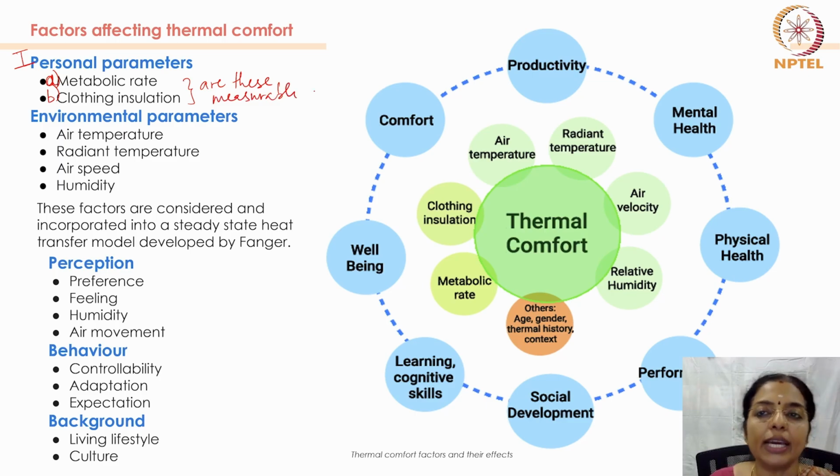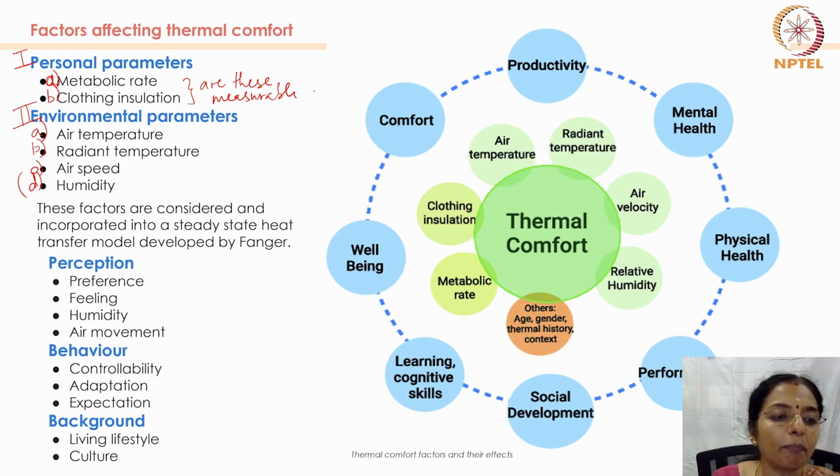Then you have the environmental parameters. So what are the environmental parameters? The environmental parameters are air temperature, radiant temperature, air speed and humidity. These factors are considered and incorporated into steady state heat transfer models, which were developed by Fanger, one of the first few to have done it.